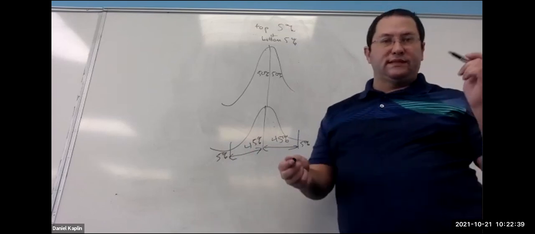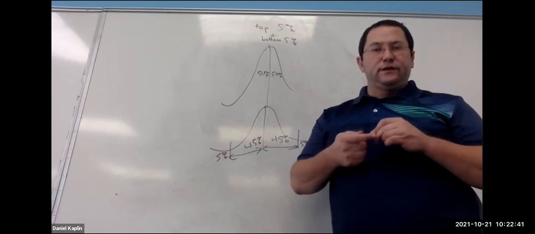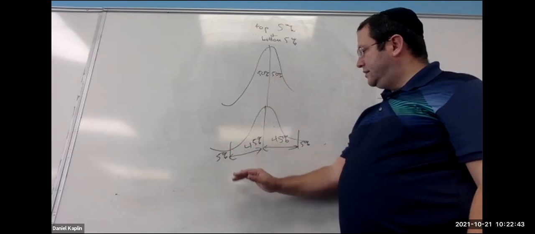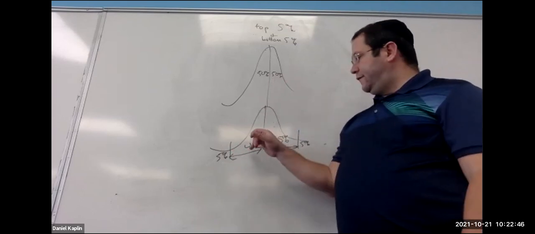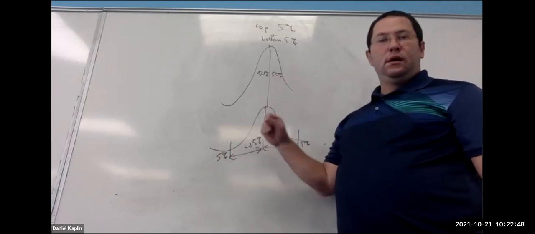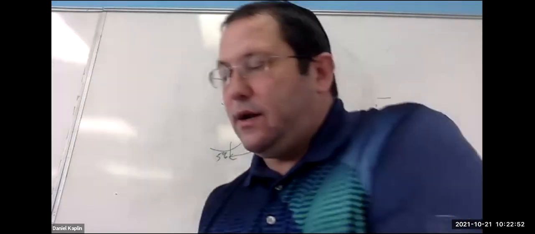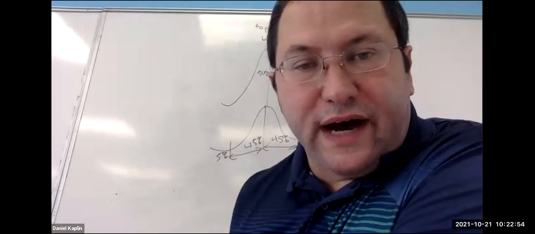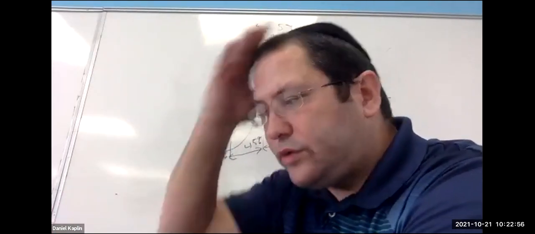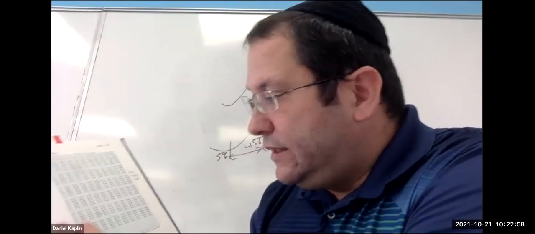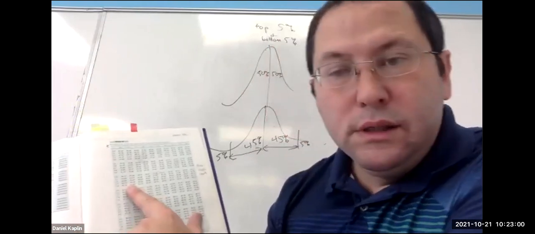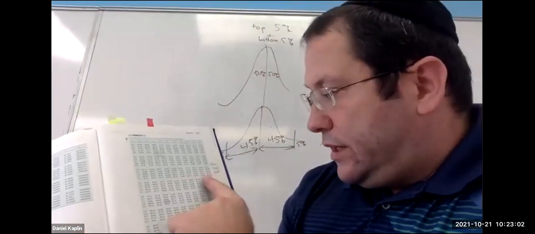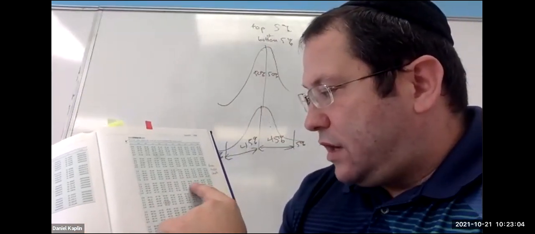So the same rules apply. So the first, we plot it. Now we need to figure out 45%. And I'm going to go to my area under the curve, and I'm going to find the number that is closest to 45 without overshooting it. So I'm going to go here, 42, 43, 44, 45, up past it.